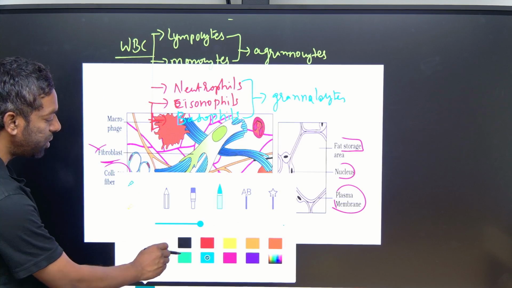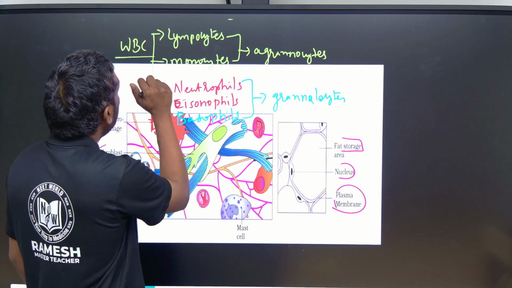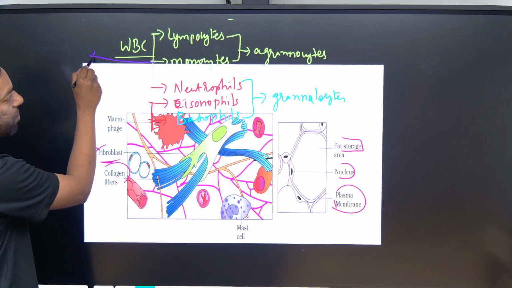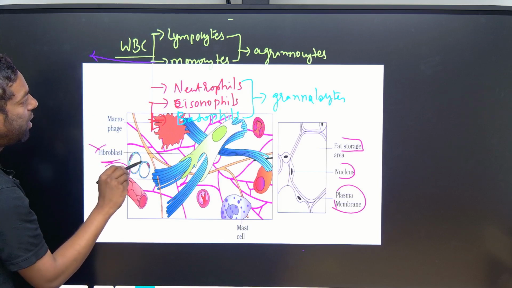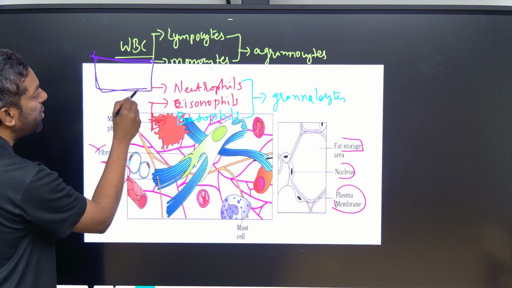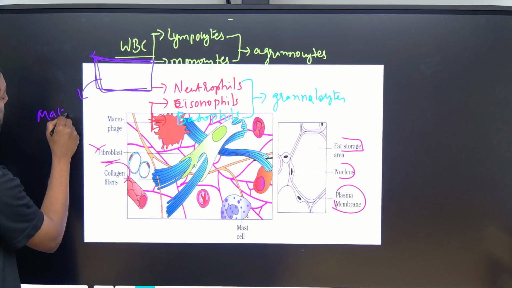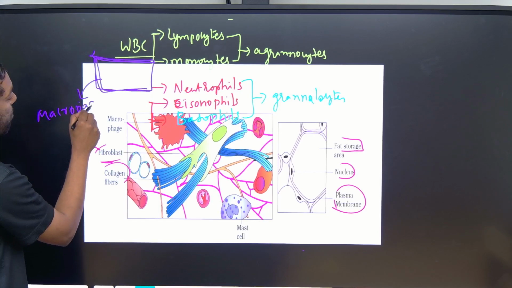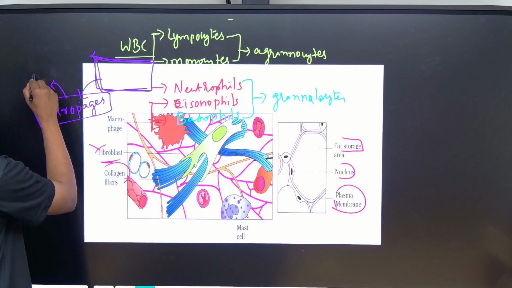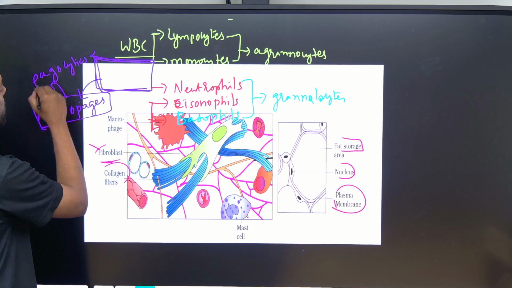Guys, this is the most important for the exam. Among the agranulocytes, monocytes, and among the granulocytes, neutrophils are phagocytic in nature.